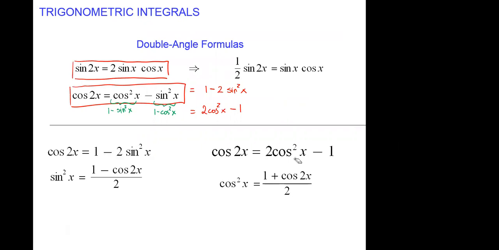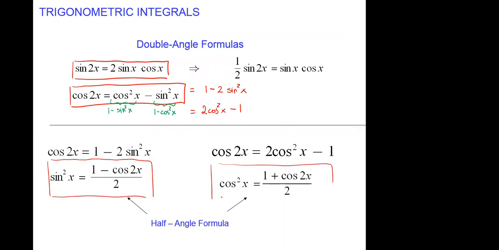That means, starting from the double angle formula, we actually get the half-angle formulas. Also nice and helpful to remember, but since we're deriving them from the double angle formulas, that is the point.